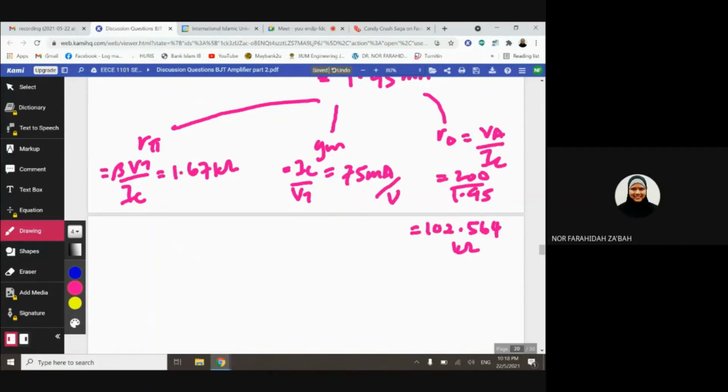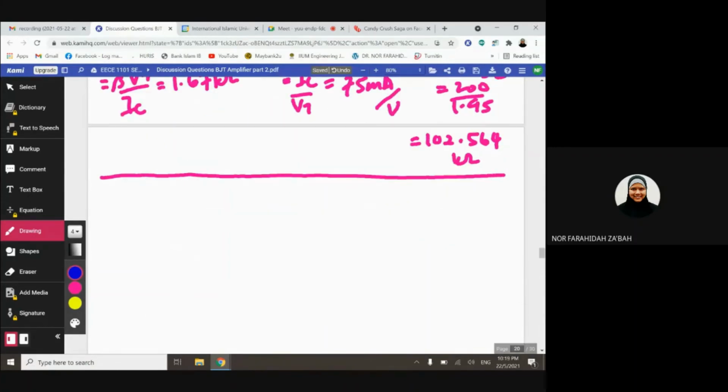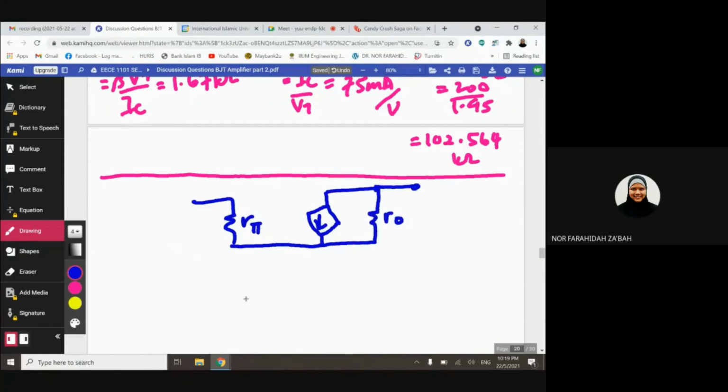So those are the AC parameters. Okay, so let's do the AC equivalent. This time R naught, we have a value, so you have to put it in. So it's my collector, base, and it's my emitter.